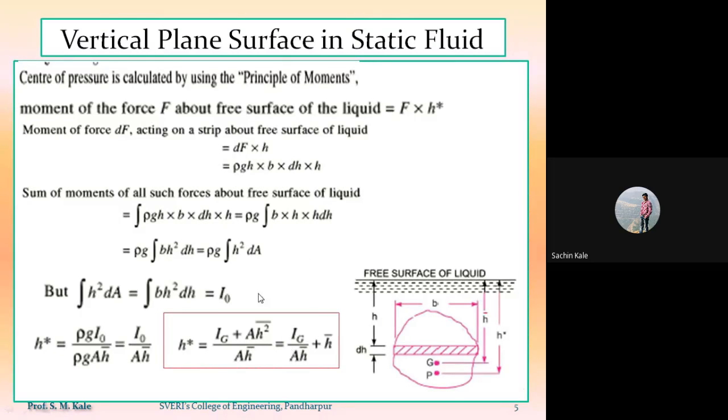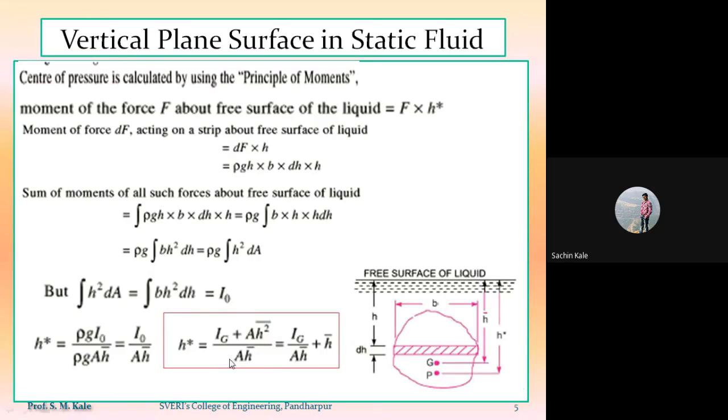If you observe this formula clearly, h star is h bar plus something, where h star is the vertical distance of the center of pressure from the free surface, and h bar is the vertical distance of the center of gravity from the free surface.